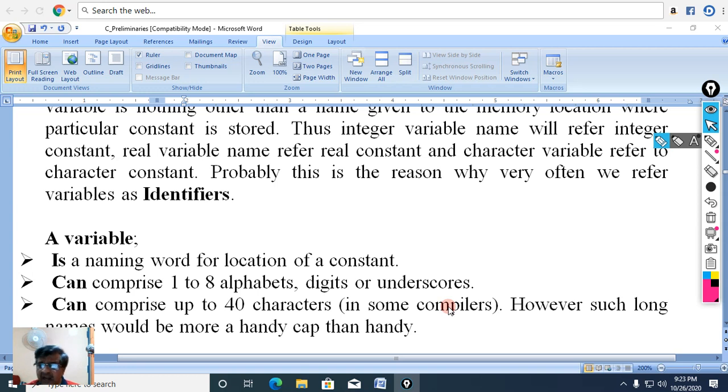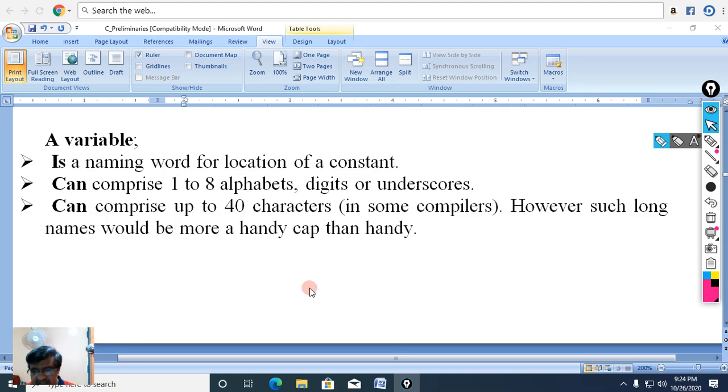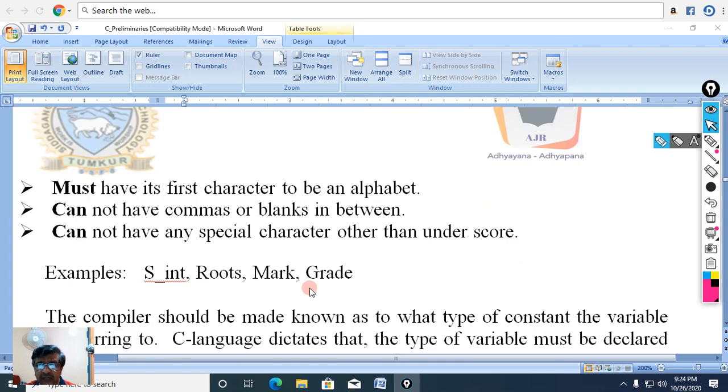But I think we cannot use 34 characters for naming the variables, because it becomes a handicap rather than becoming handy. Therefore we have to give crisp names for the variables. It is always appropriate to give a sensible name for the variable, so that it will give a notion of what exactly it contains.